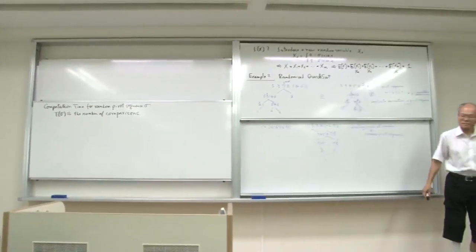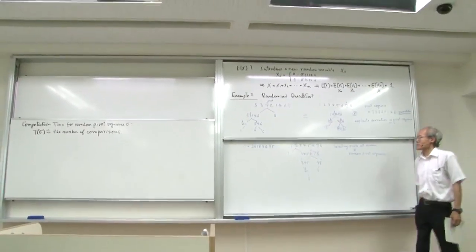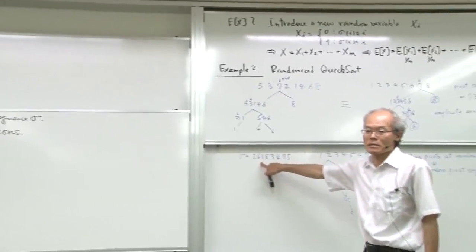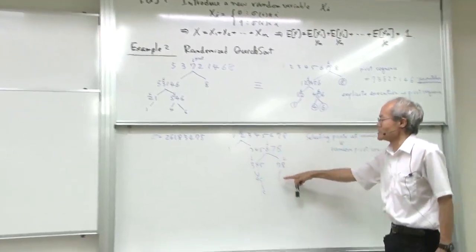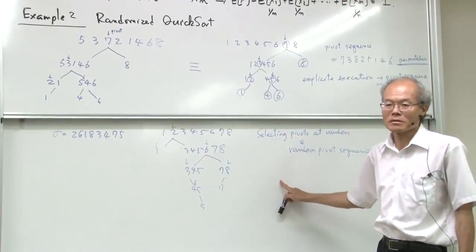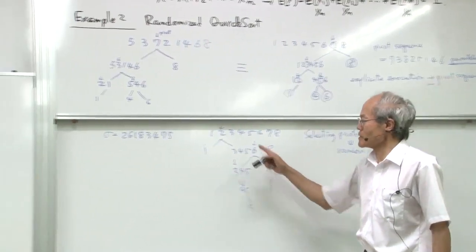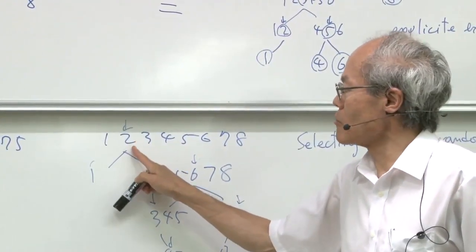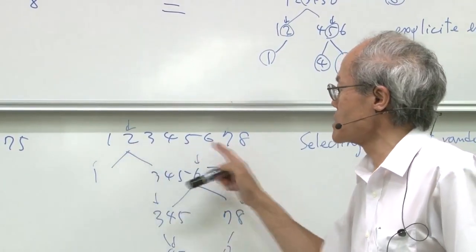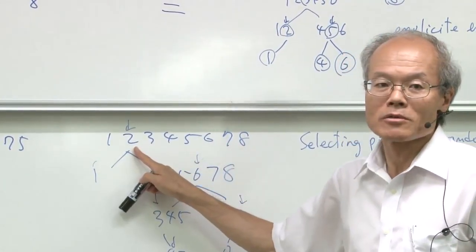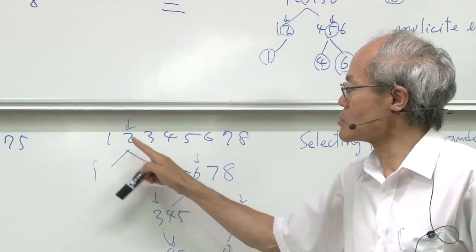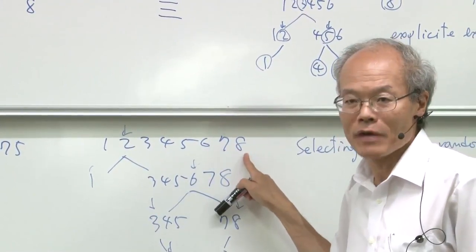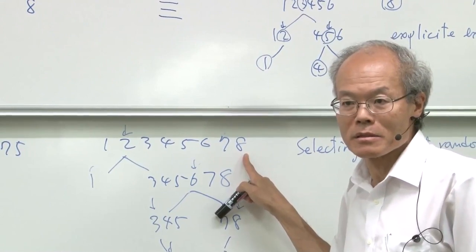I'll explain. So this is a given pivot sequence. Then this is an execution sequence of the quicksort. Now, first pivot is 2. Then you need to compare all the other numbers with 2. So the number of comparisons is 1, 2, 3, 4, 5, 6, 7. Right? This is the number of comparisons.